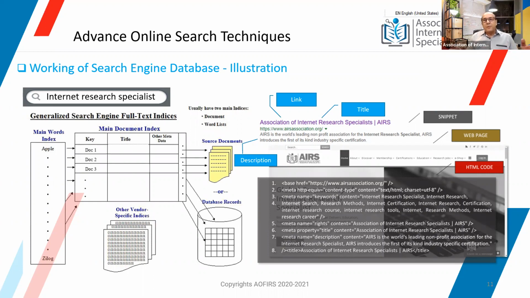So if the label or the tag says title, and within that bucket you have only the information about the title of that page, and that is the only thing you want to discover, or you want to match your search terms within the title area, you're going to run a query using an operator called inTitle, for instance.